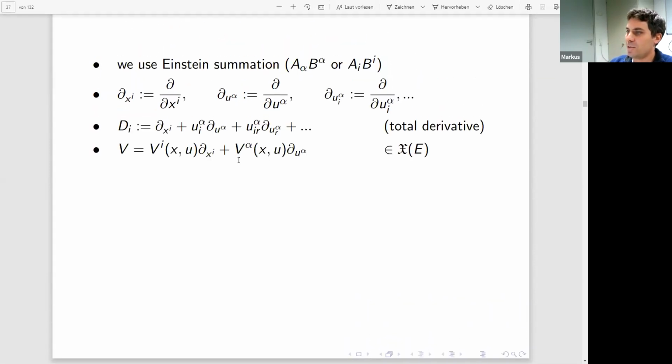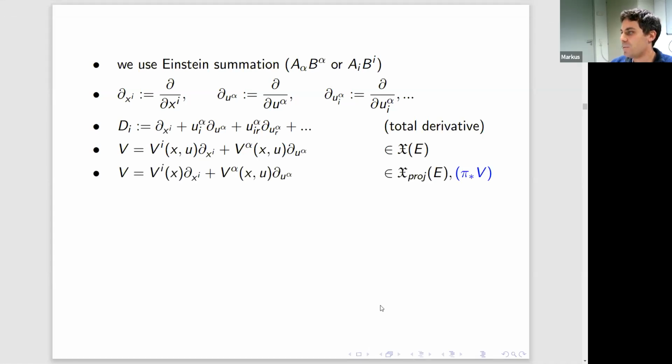And yeah, then we have vector fields where we have these coefficients v^i and v^alpha, dx^i, du^alpha, and so on. Because we have a fiber bundle and some additional structure, there are some additional properties of vector fields.